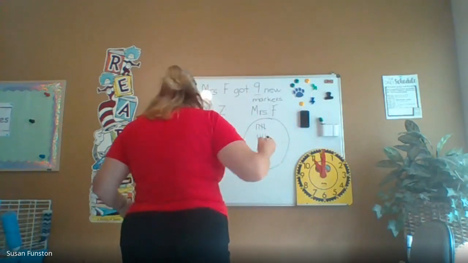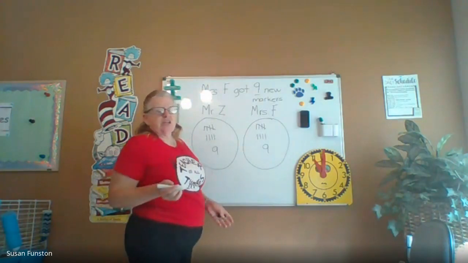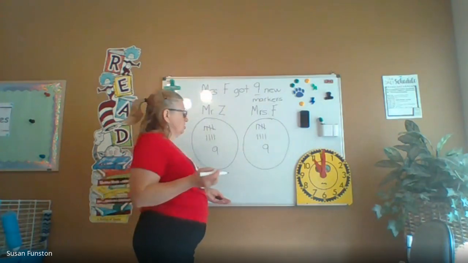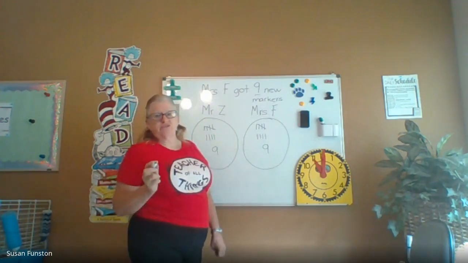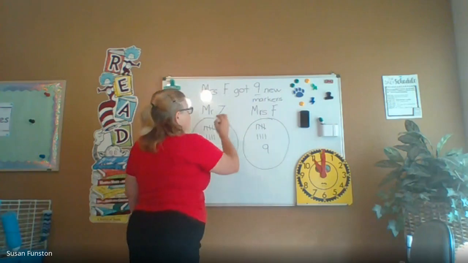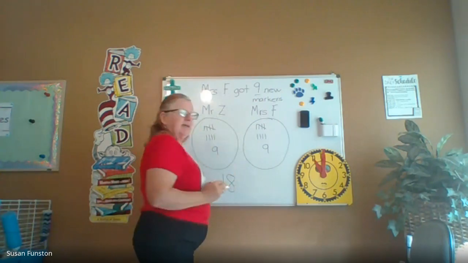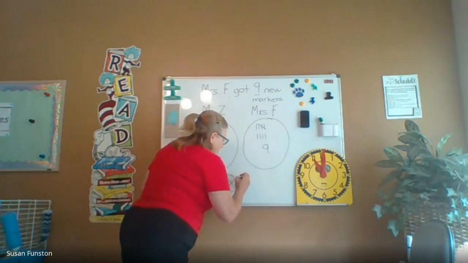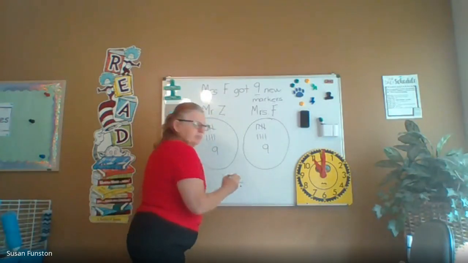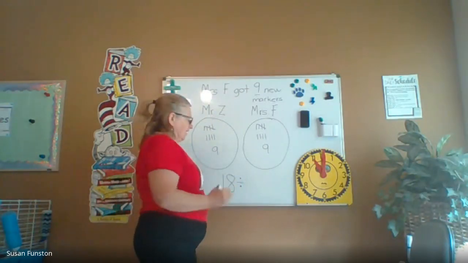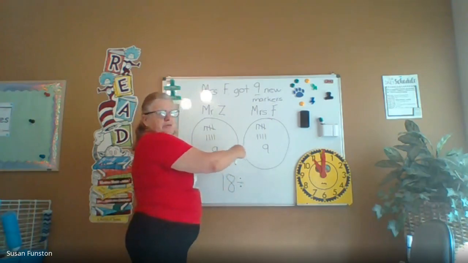Okay, so when we were doing multiplication, I was writing a multiplication equation. So here I can write a division equation. How many markers did I start with? We always use that number first, the biggest number we have. And we started with 18. 18 divided by, that's what this little symbol means, divided by, you see that? 18 divided by, how many groups did I put them into?